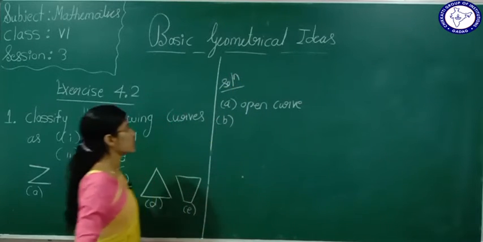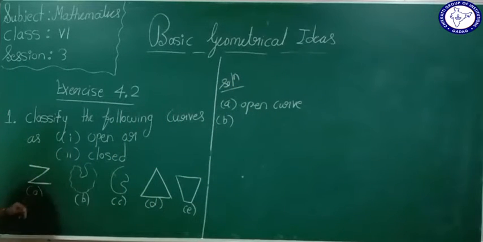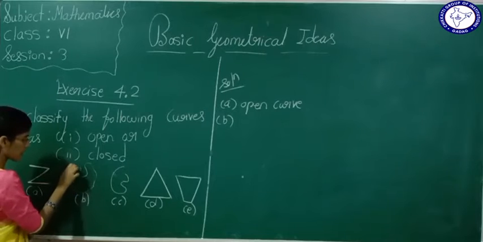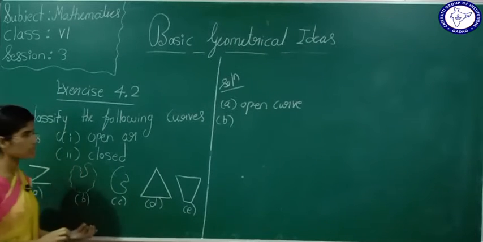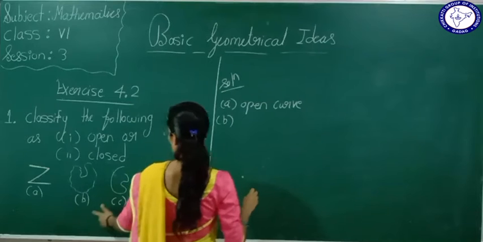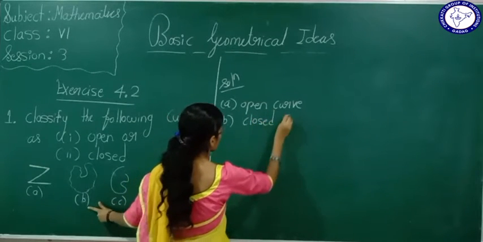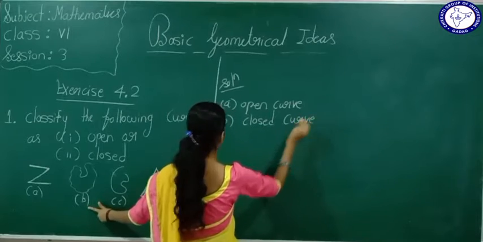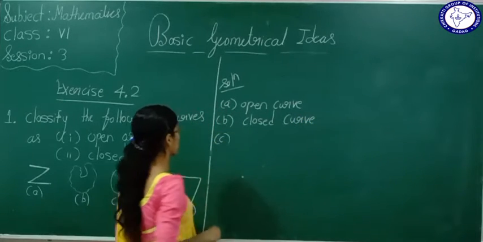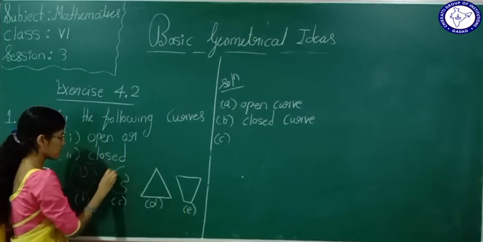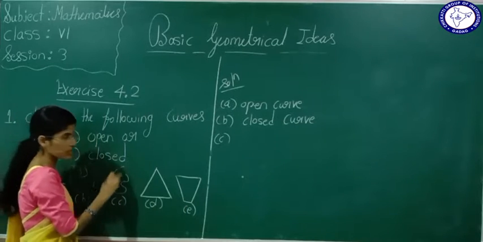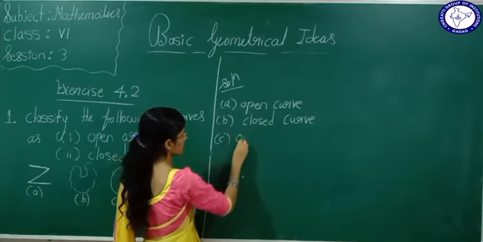What about the second one, B1? See, the initial point and the ending point are the same. Definitely this is a closed figure. B1 is a closed curve. What about C1? Here the initial point is here and the ending point is here. Definitely it is an open curve.